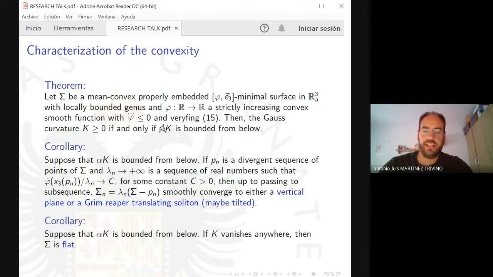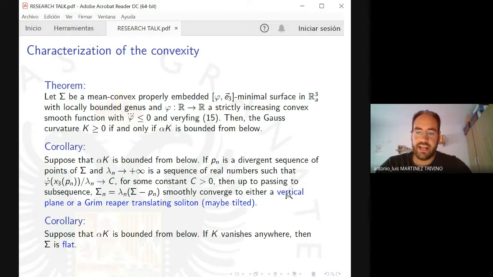As a consequence, we obtain the following two results. Suppose that this function is bounded from below. If this is a divergent sequence of points, and lambda n is a sequence of real numbers such that this limit holds for a positive constant, then after passing to a subsequence, this sequence of blow ups of sigma smoothly converges to a complete flat translating soliton.